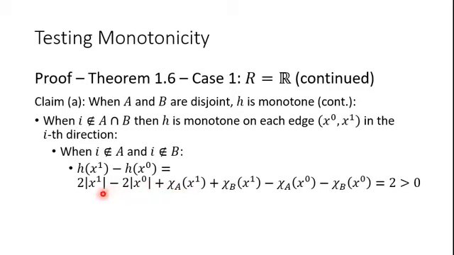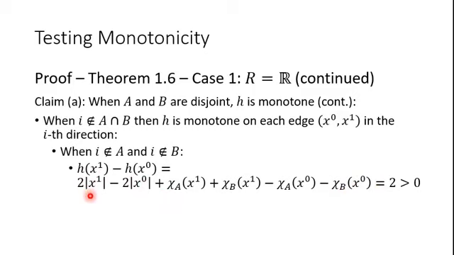Because i is not in any of these sets, we have that chi_A(x1) equals chi_A(x0), as we just saw at the bottom of the previous slide, and so these two cancel out. Also, i is not in B, so by the same reasoning these two cancel out because they are equal. And so we are only left with these terms.